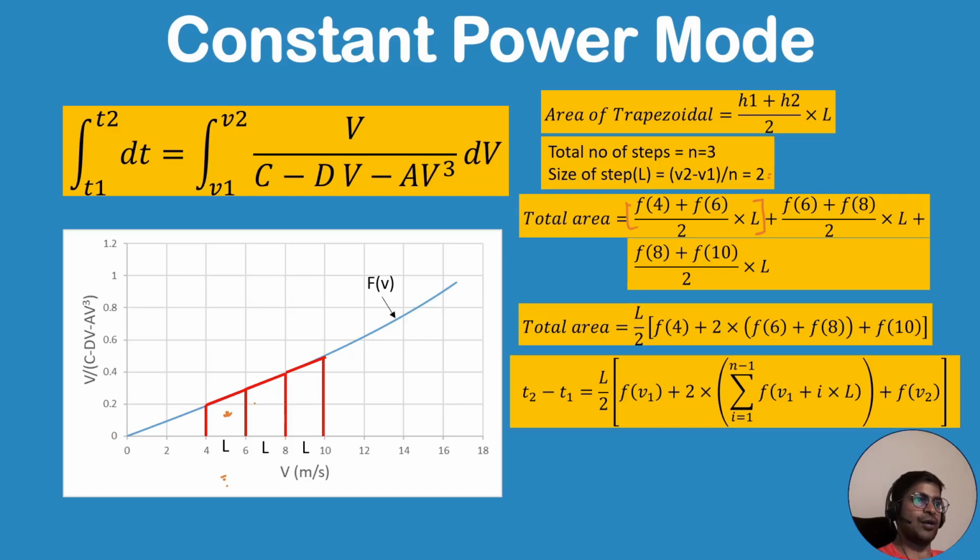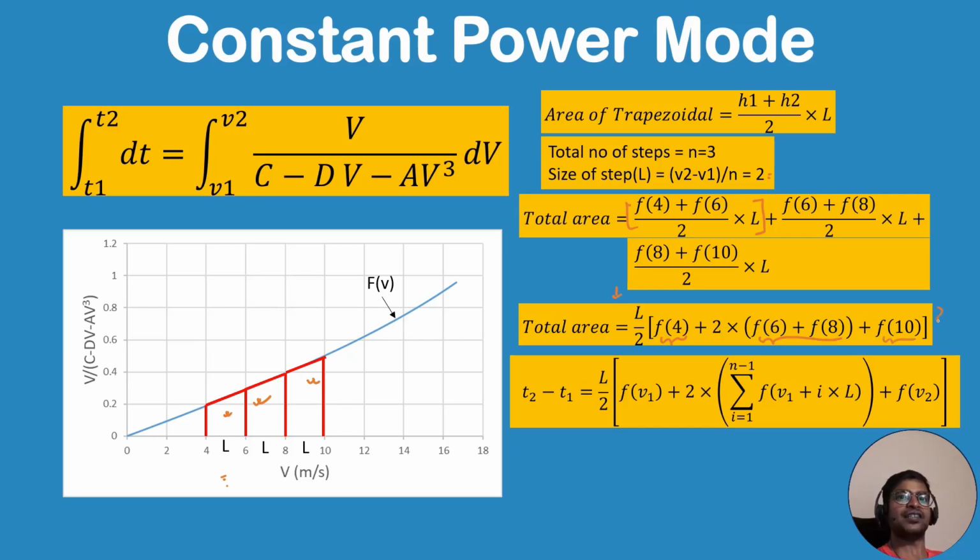Next I wrote the formula for this region, which is f of 6 plus f of 8 divided by 2 into L, and next the formula for this region, which is f of 8 plus f of 10 divided by 2 multiplied by L. In the next step, I took the common L by 2 multiplied by the first value, which is f of 4, plus 2 into the summation of all the intermediate steps, f of 6 and f of 8, and then lastly we have f of 10.